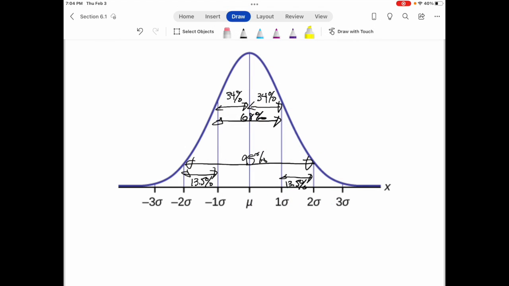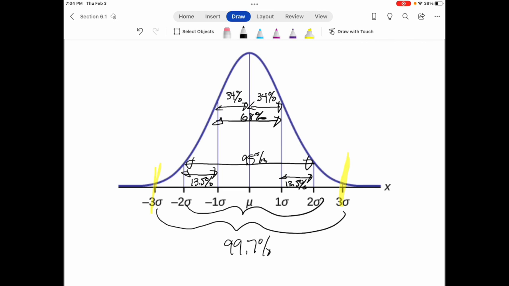I know that everything under the curve from here to here covers 99.7%. But we know that from here to here is 95%. So if I want to see what is in just these yellow strips right here, I'm going to take 99.7 and subtract 95.